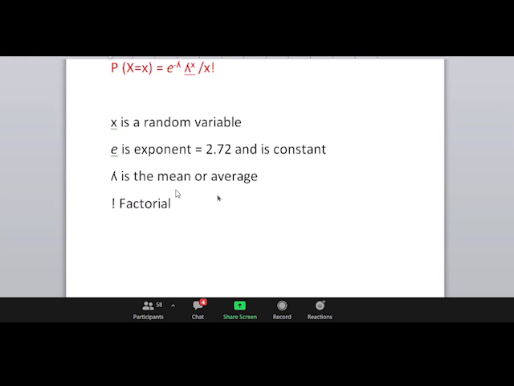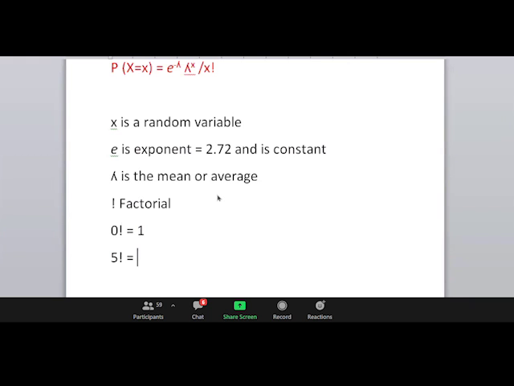Then the factorial. How do we find it without using a calculator? Any number, for example 0 factorial. Factorial begins from 0. When you do 0 factorial on your calculator, you will get 1. Then let's say 5 factorial.